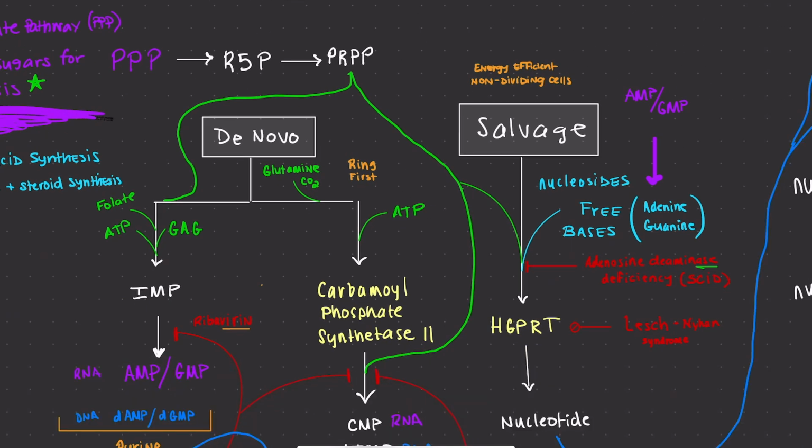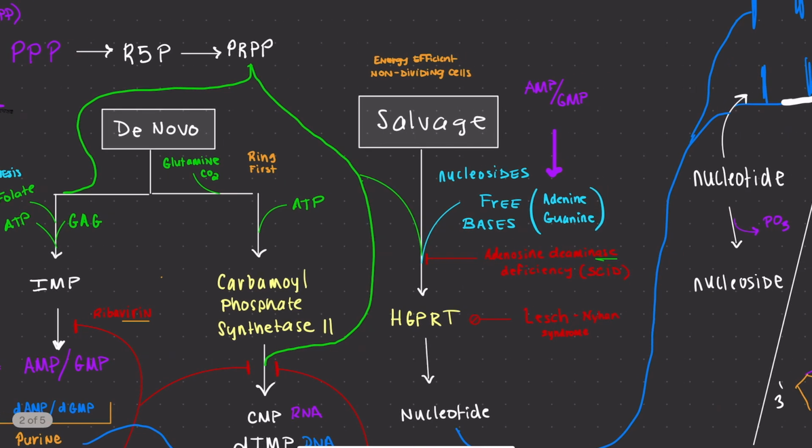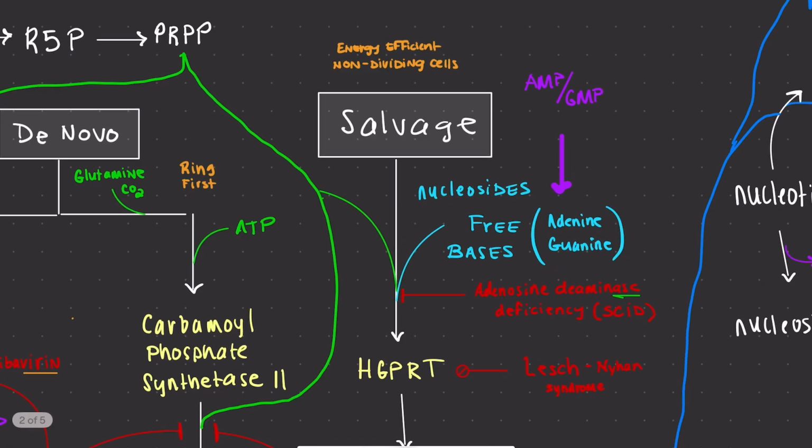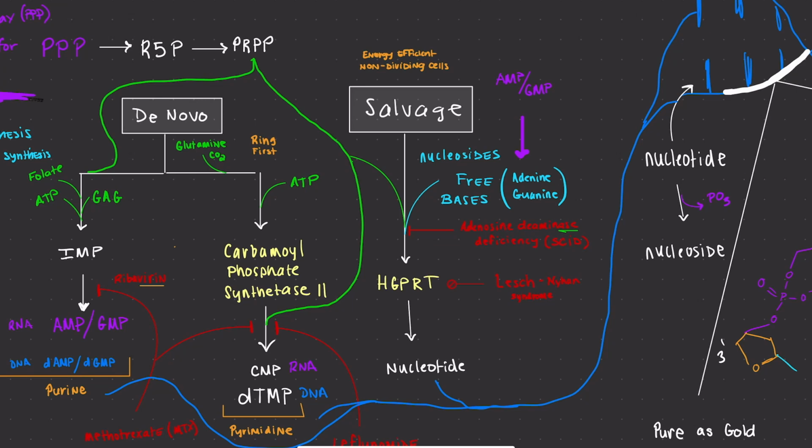And as you can see here, it plays a role in both pathways and is pivotal to nucleotide synthesis. So in the salvage pathway, we see that it enters right here.